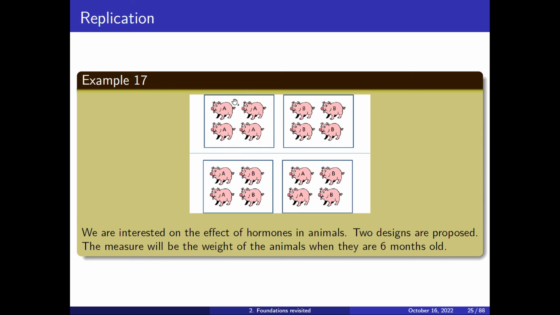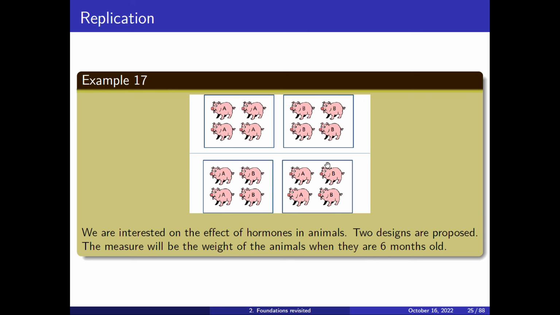A possible setup is that all animals in the same pen receive the same treatment, or there is an alternative where 2 animals receive A in the same pen and 2 animals receive B in the same pen. So is there any design that is preferable over the other?